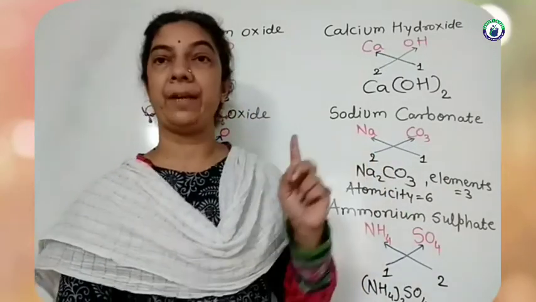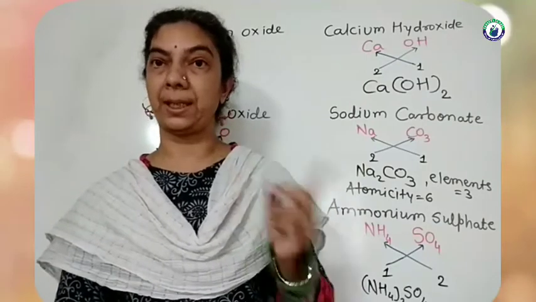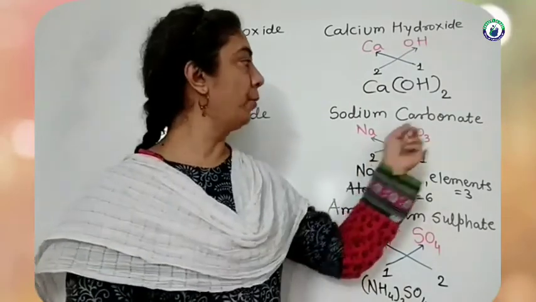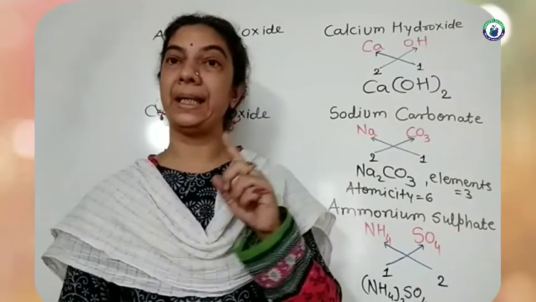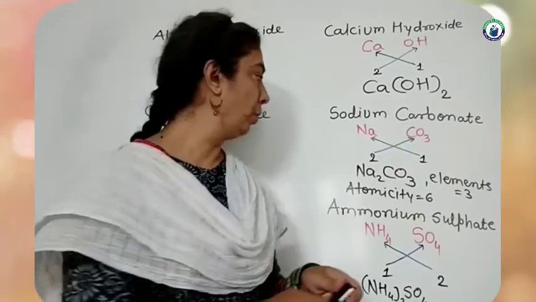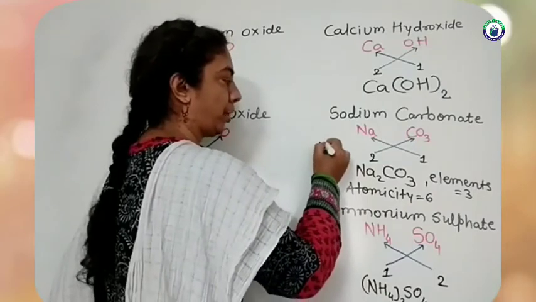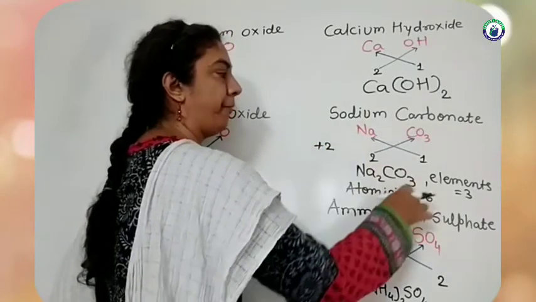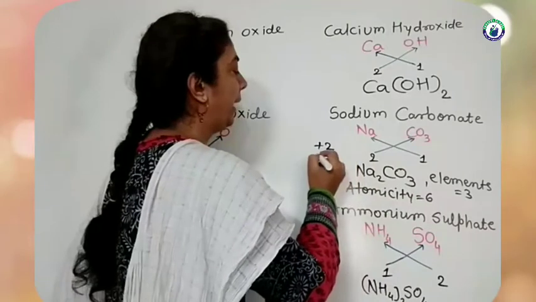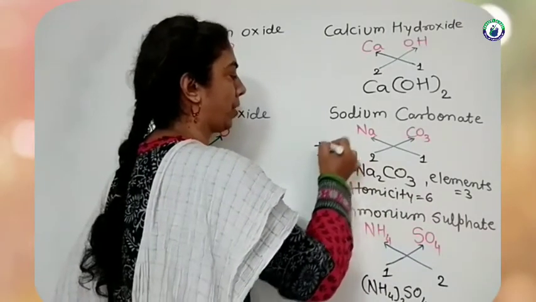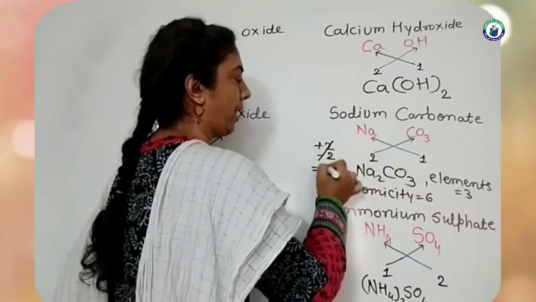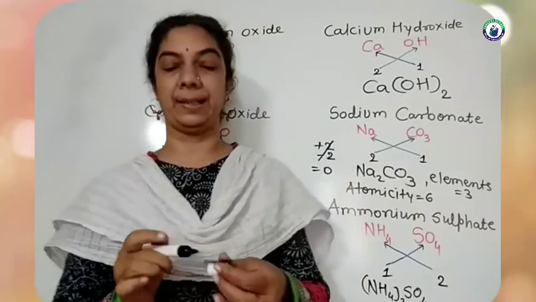Sodium has charge +1 and carbonate has -2. So these two atoms of sodium give us +2 charge and one carbonate already has -2 charge. So these cancel out and the electric charge is 0.